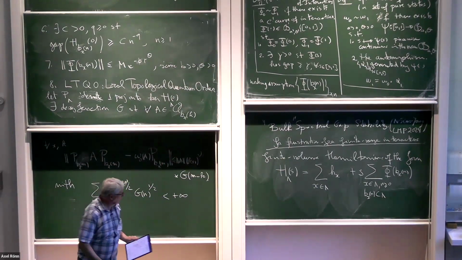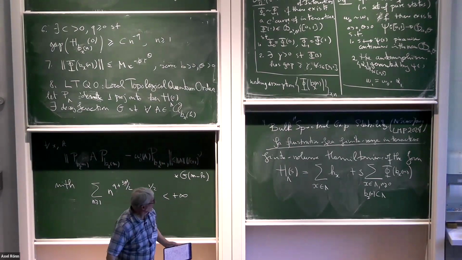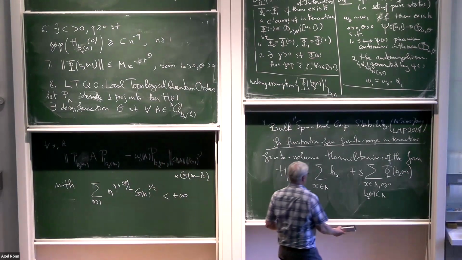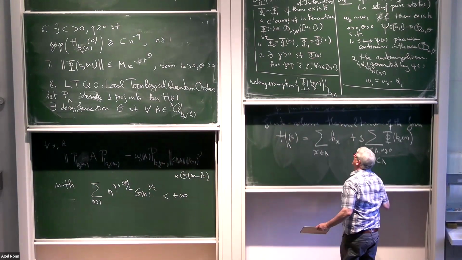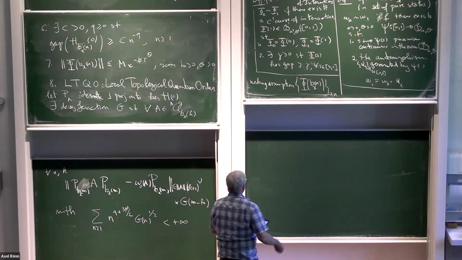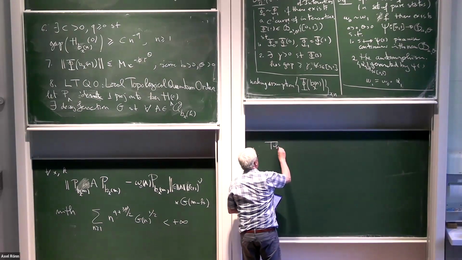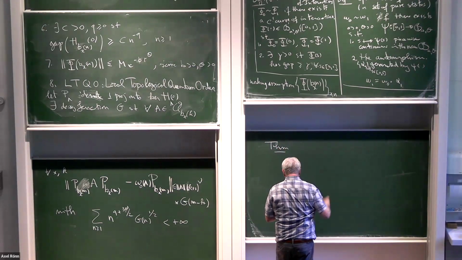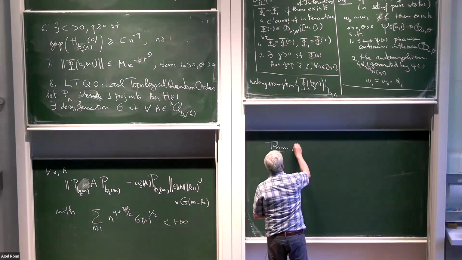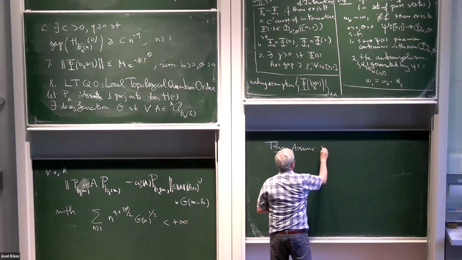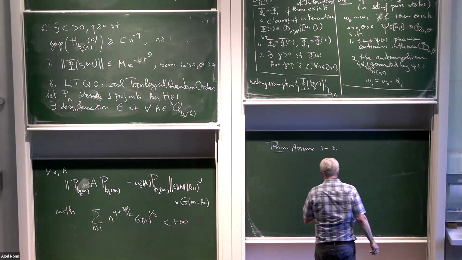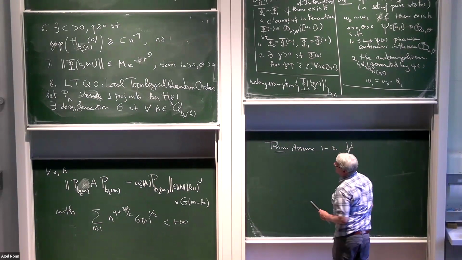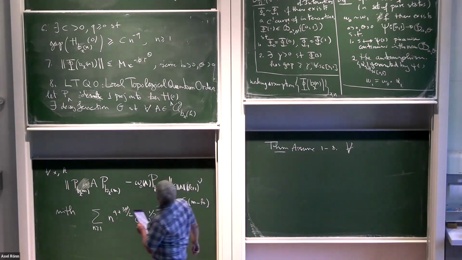All right, so that's the conditions. So it's a pretty broad class of systems. So then here is the theorem. So assume 1 to 8. Then for what did I call the gap?